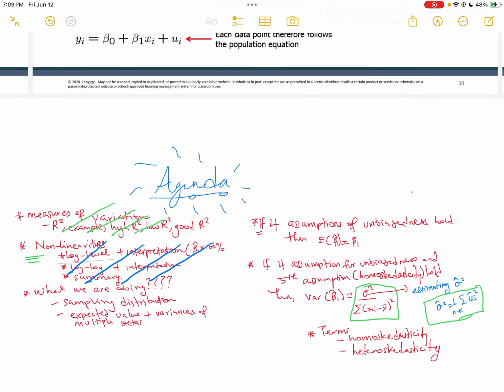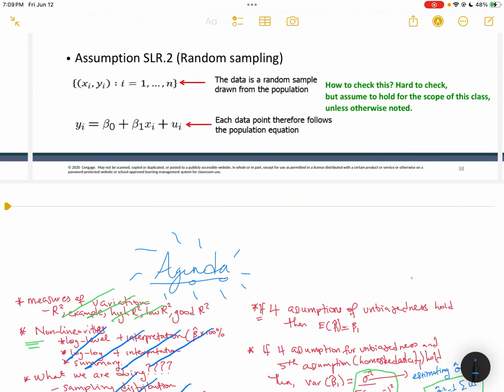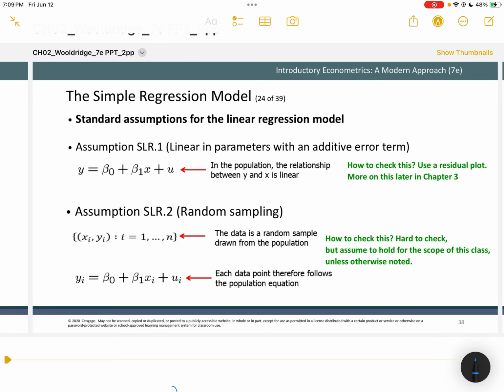Okay, so where are we now in the agenda? We just passed sampling distribution, and we are headed to the 4 assumptions of unbiasedness. These are also the standard assumptions for the linear regression model, and there are more than 4, but we will get to each one. So here are the first 4.